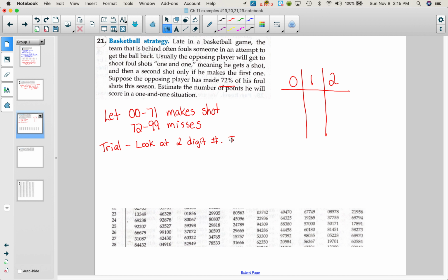So if 72 to 99, stop, record 0. If 00 to 71, look at 2 more digits.